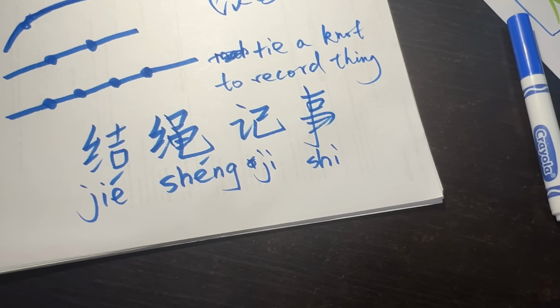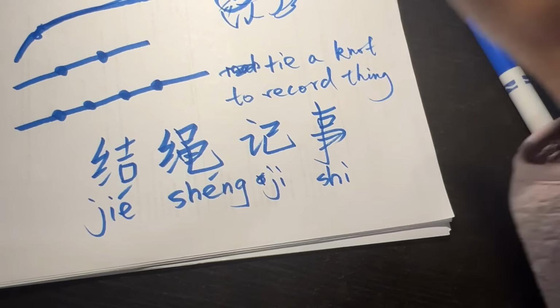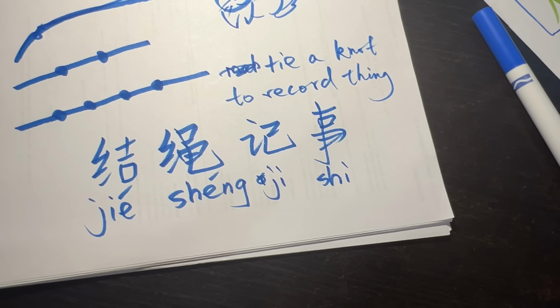This year's agricultural production, next year's agricultural production, and it's all different numbers. It becomes difficult to remember.